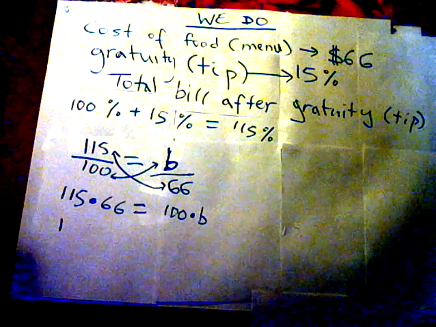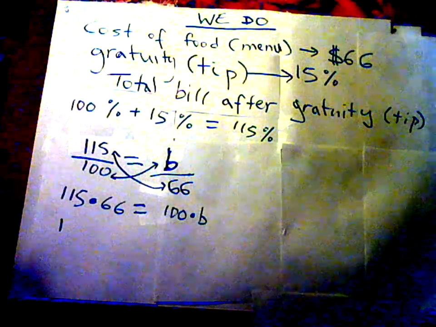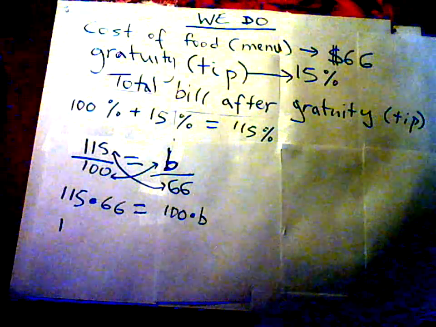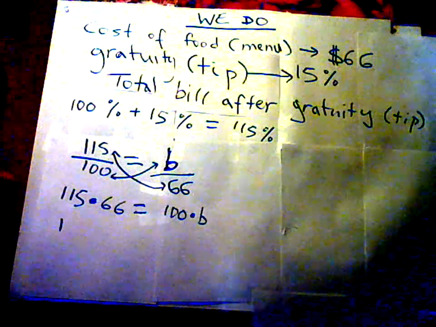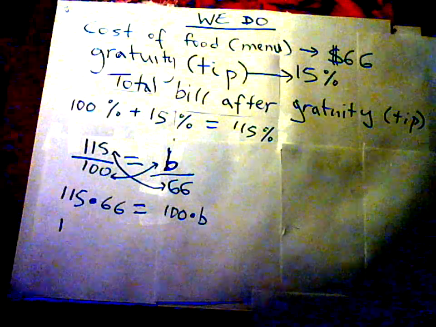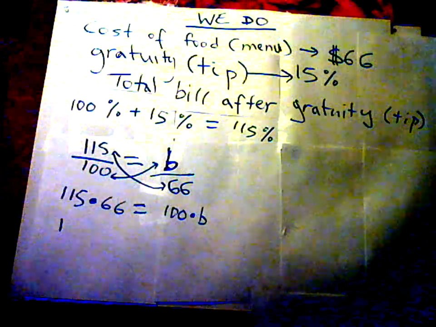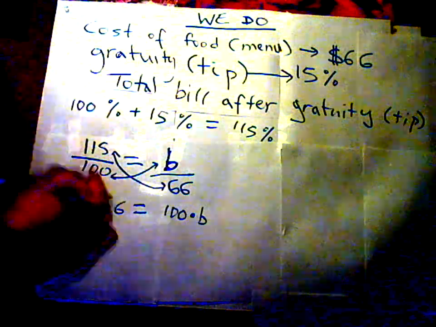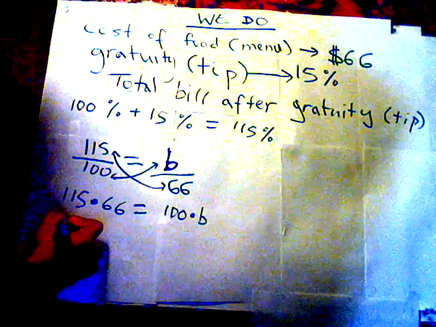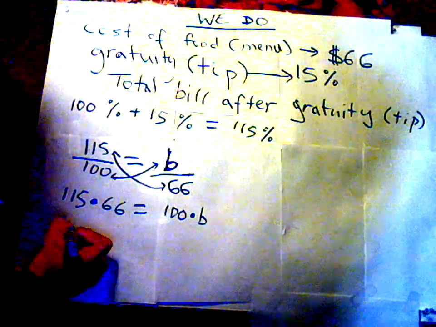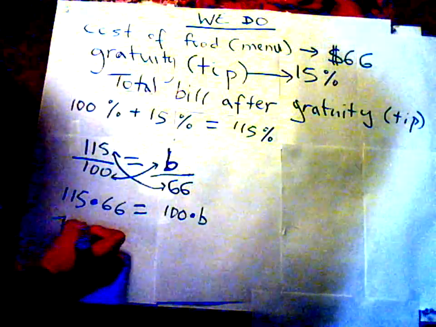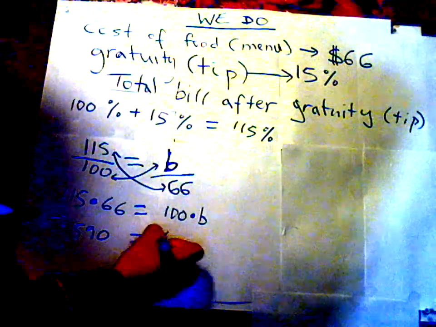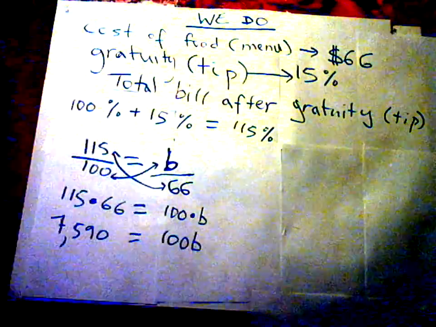And while I'm taking out my calculator, you can also calculate that on your calculator as you watch. Alright, so 115 times 66 gives me 7,590, and 100 times B just gives me 100B.